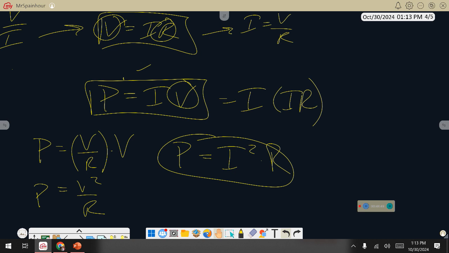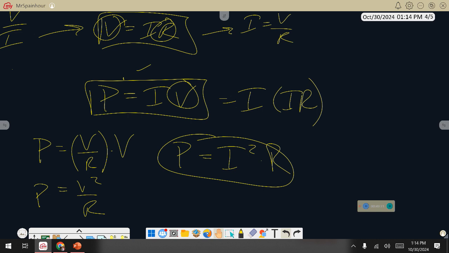I want to triple power. And for whatever reason, I want to use a battery that's twice as big. How can I do that? I don't know the answer yet, so I should probably figure it out. I want to triple power, and I want to use a battery that's twice as big. When you say you want a battery that's twice as big, you mean you want a double voltage?